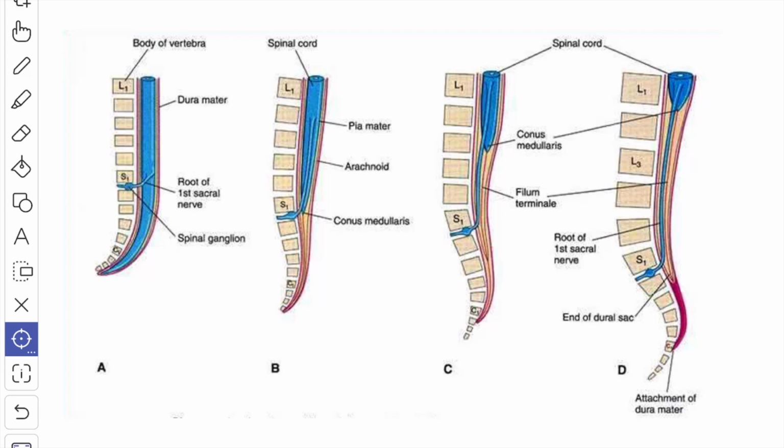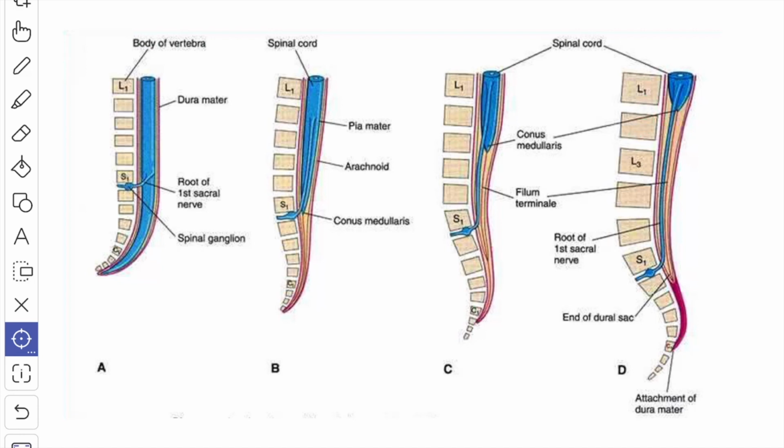Thereafter, the vertebral canal grows faster than the spinal cord and the terminal end of the spinal cord gradually shifts to a higher level. At birth, the spinal cord ends at the level of L3 vertebra, while in adult it terminates at the lower border of L1 or the disc between L1 and L2.